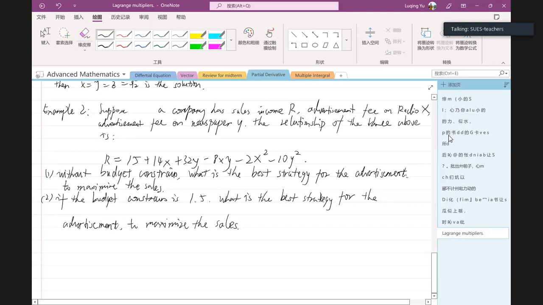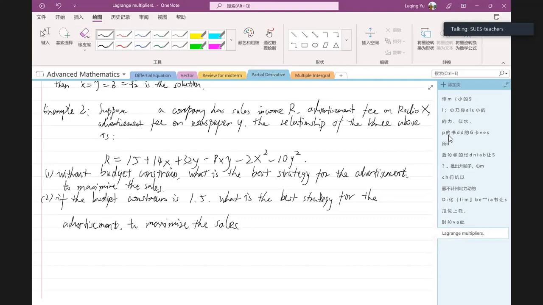Okay, so this is pretty important. I do want to ask you a question about the local maximum and local minimum with and without the constraints. This is an application question.